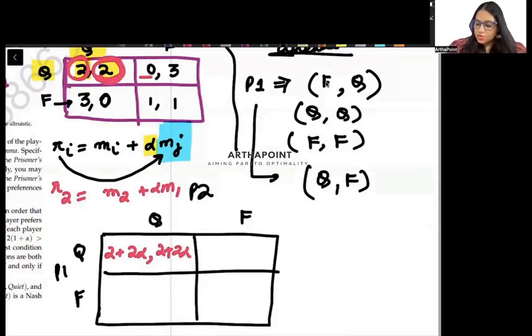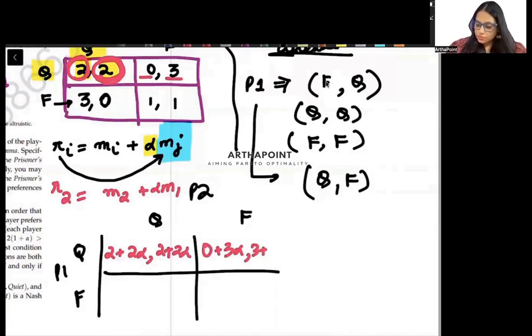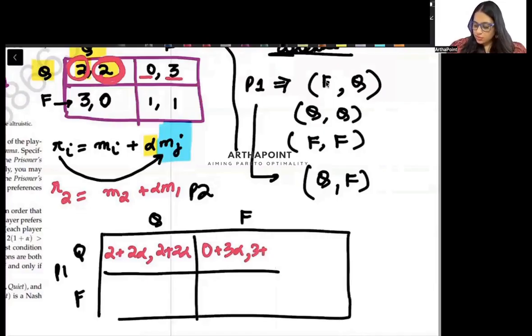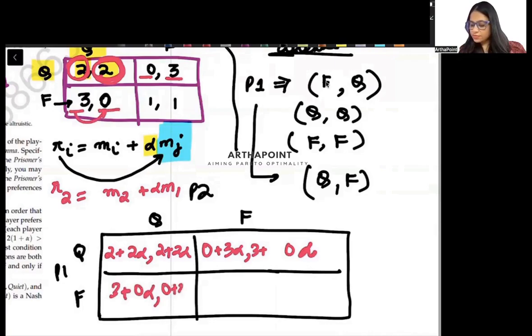Here it will be 0 plus 3 alpha, and this will be 3 plus 0 alpha. Are you getting this? This will become 3 plus 0 alpha. This will become 3 plus 0 alpha. This will become 0 plus 3 alpha.